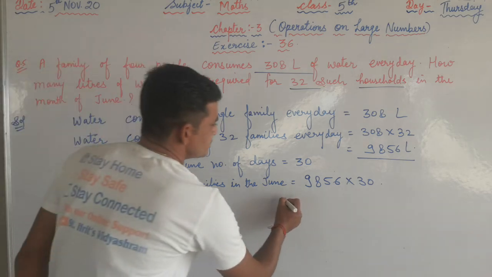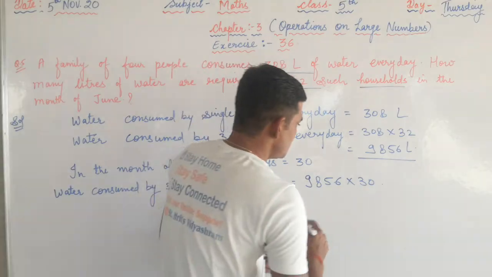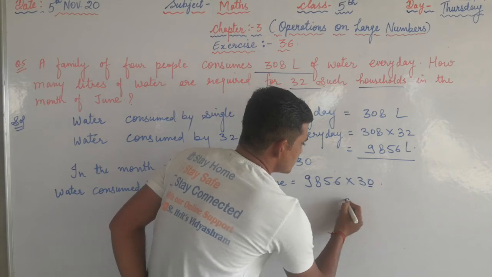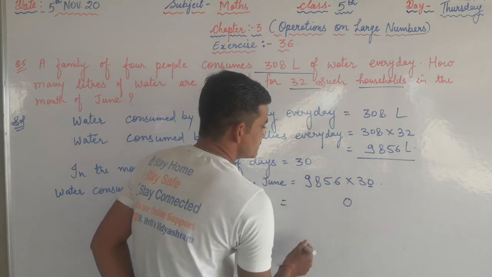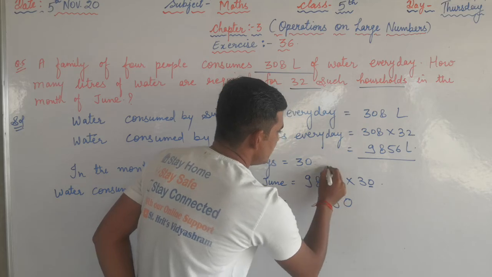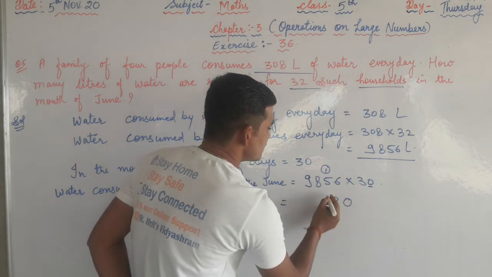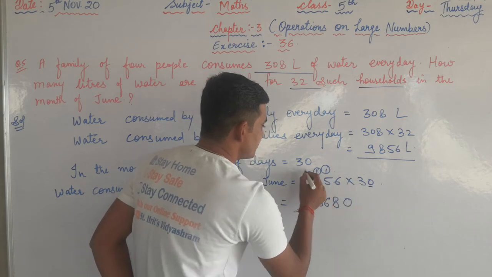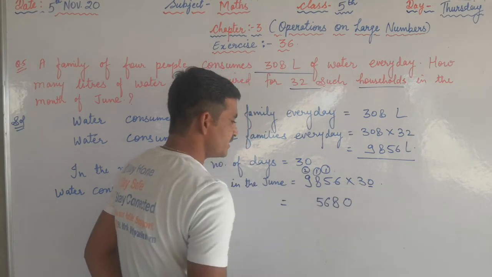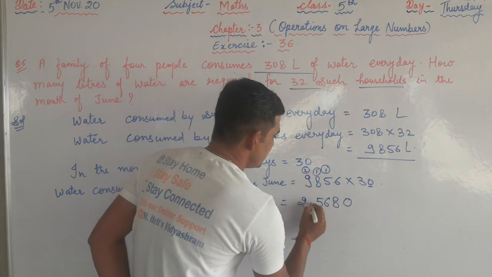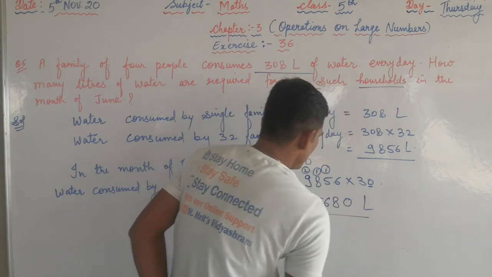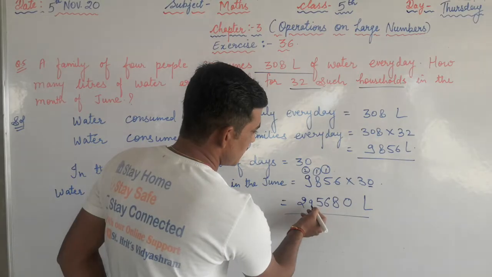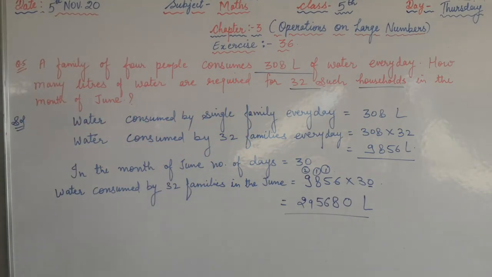You have to multiply like this. A single zero is there, put the single zero. 6 threes are 18, 8 carry 1, 5 threes are 15, 15 plus 1 is 16, 6 carry 1, 8 threes are 24, 24 plus 1 is 25, 5 carry 2, 9 threes are 27, 27 plus 2 is 29. 2,95,680 liters of water consumed by 32 families in the month of June.